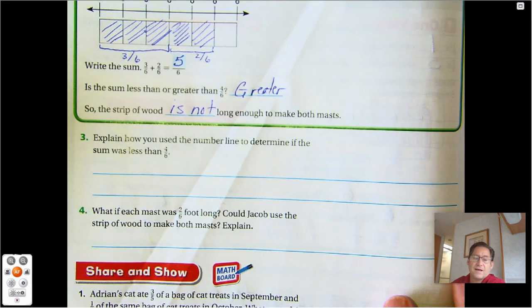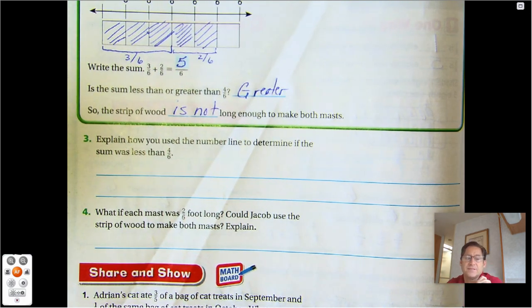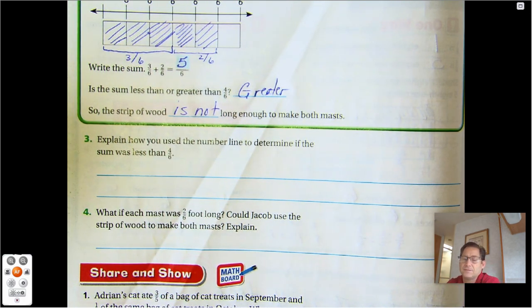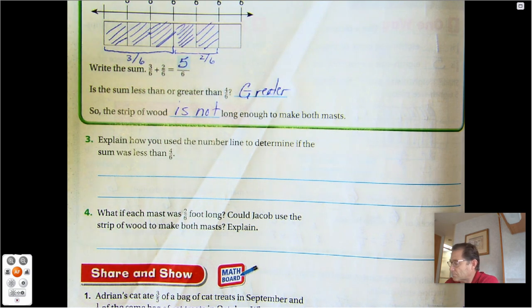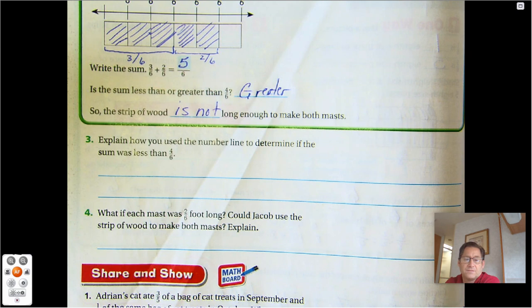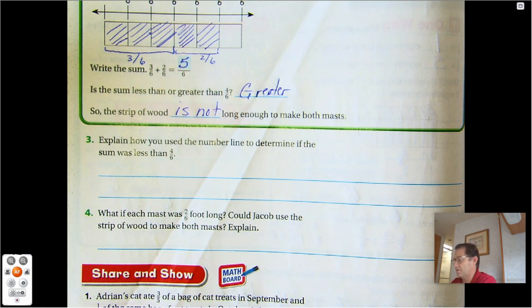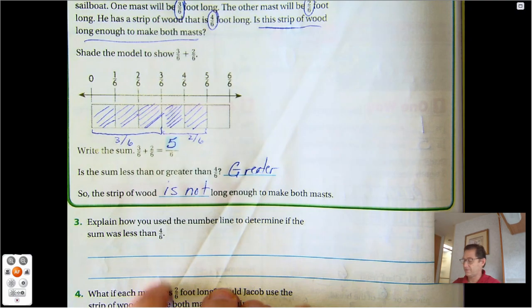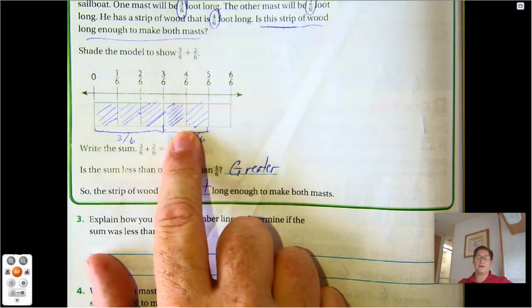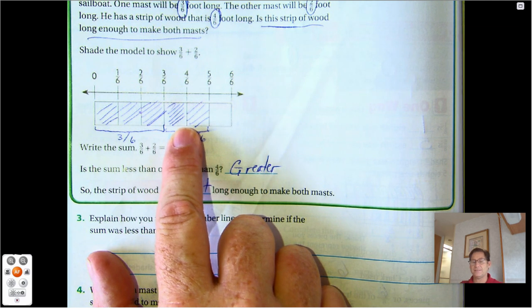How would you use the number line to determine if the sum was less than 4/6? Well, looking at the number line, we could just tell by looking at the number of shaded areas if the sum was greater than or less than 4/6, right?